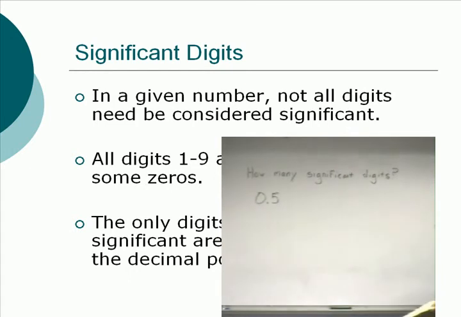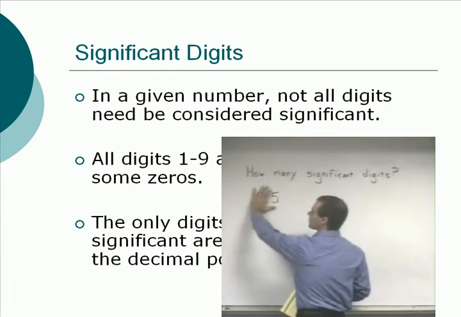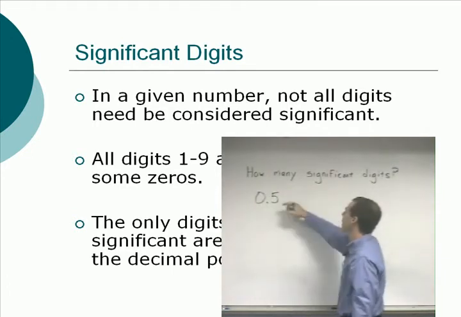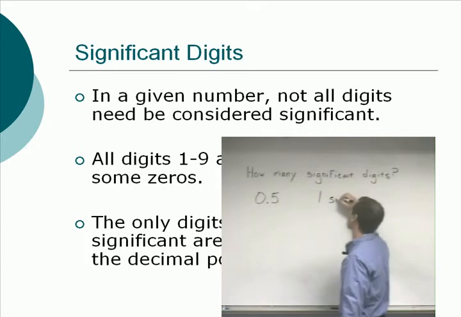How about 0.5? This number is the same whether that 0 is there or not. 0.5 is the same as .5. That 0 carries no additional meaning. It is not significant. The 5 is the only significant digit here.